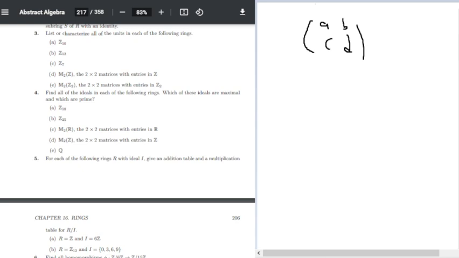So first of all, something interesting to note is that whatever the ideal in this must be, we must include all possible determinant 0 matrices in this. I'm just wondering if every ideal is principal in this.